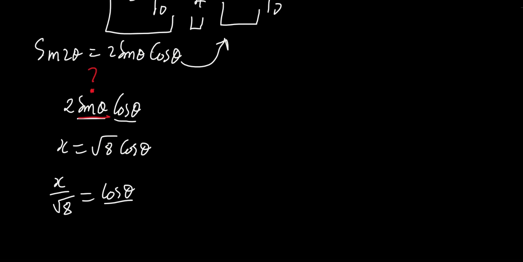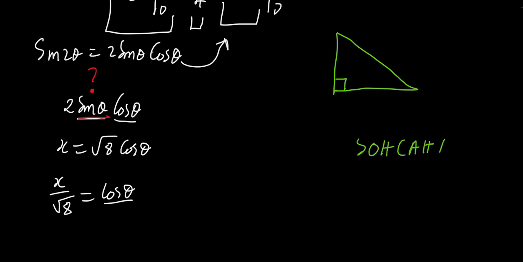In order to get that value, we are going to use a right angle identity. And also these are all trigonometric identities. We know of SOHCAHTOA, meaning that when we're dealing with sine is the same as opposite over hypotenuse, cos is the same as adjacent over hypotenuse, tan is the same as opposite over adjacent.